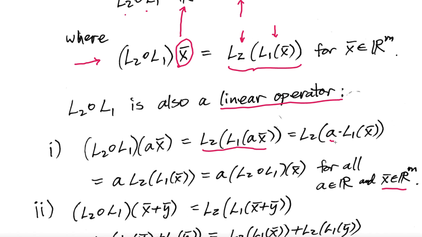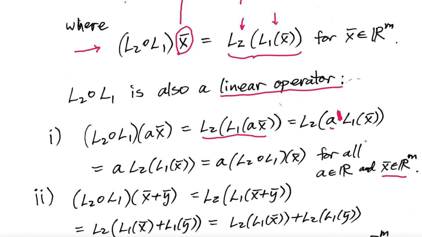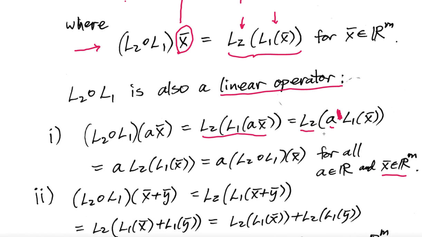I can pop that scalar a outside of L1. That's not a dot product, that's just a scalar multiple: a times L1 of x. But wait, L2 is also linear, so that scalar a can pop outside of that as well. So that's a times L2 of L1 of x, which is a times the composition of L2 and L1 acting on x.